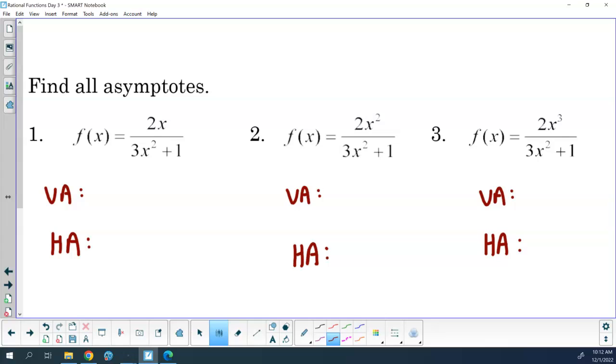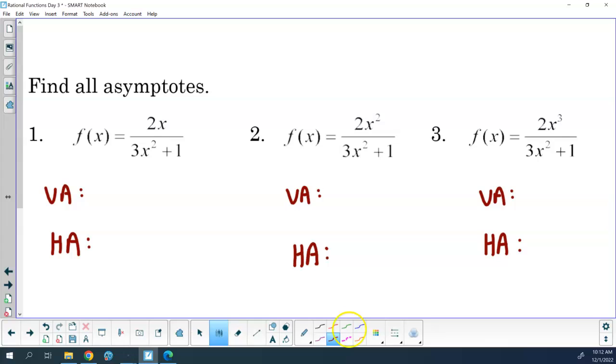Once you found vertical asymptotes for the first one, you should be able to find vertical asymptotes for all the rest of them, because all the denominators are the same, right? So, are there any vertical asymptotes? Yay or nay?